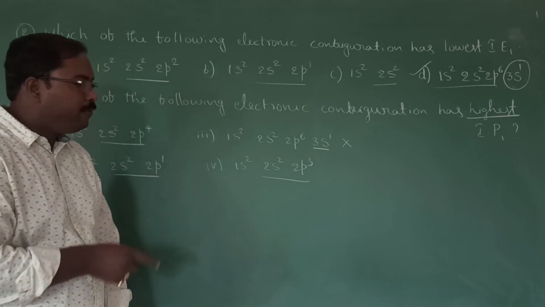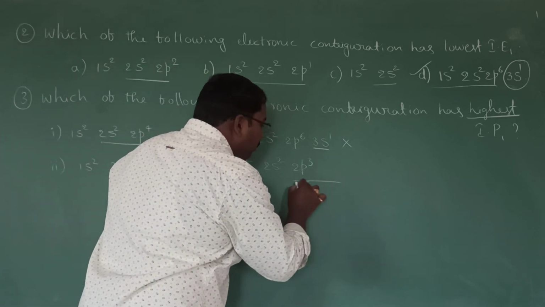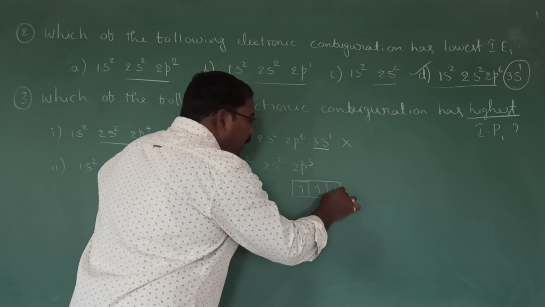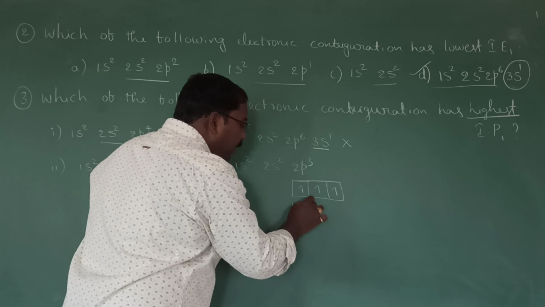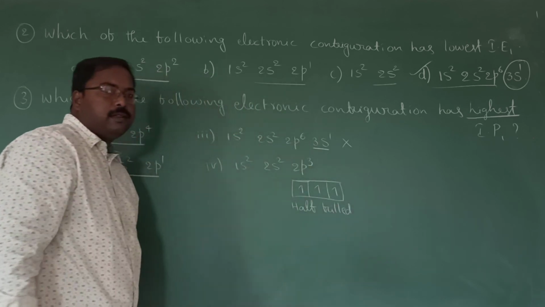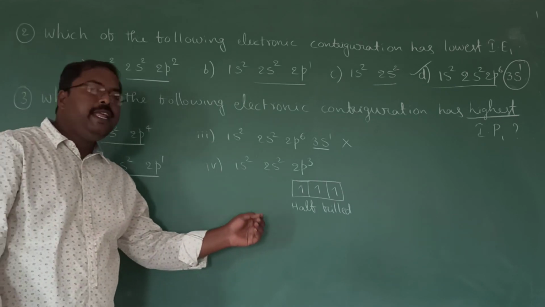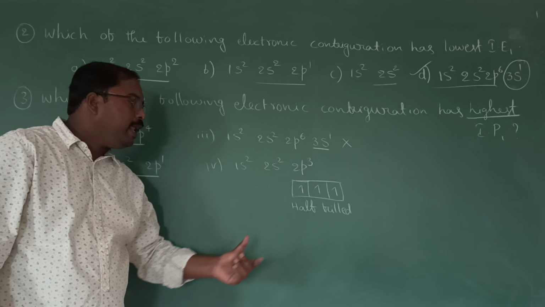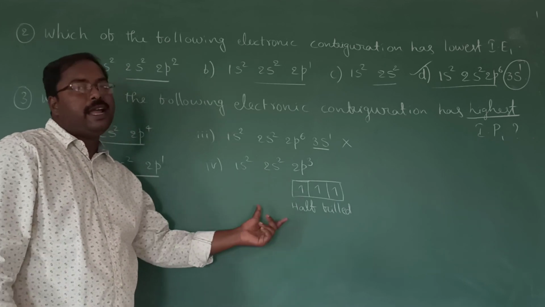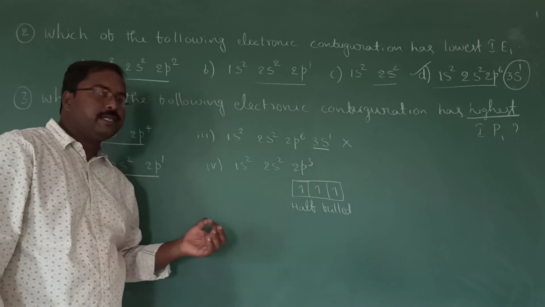Observe the electronic configuration. 2p3, if you observe, we know it has a half-filled electronic configuration, right? So when any element has a half-filled electronic configuration, definitely it will have high ionization energy. About that we clearly discussed in the previous class.